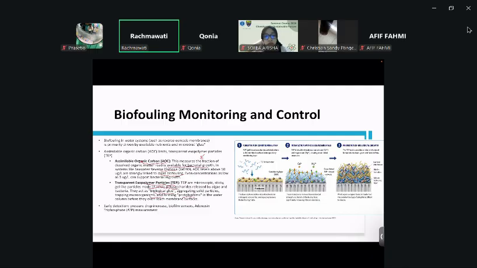Now, for early detection, for example, there's a pressure drop increase, a biofilm sensor, or you can calculate the ATP measurement. Like you lyse the cells, you add a chemical which binds to the ATP released by the cell, and then it emits light, and then you can measure it.